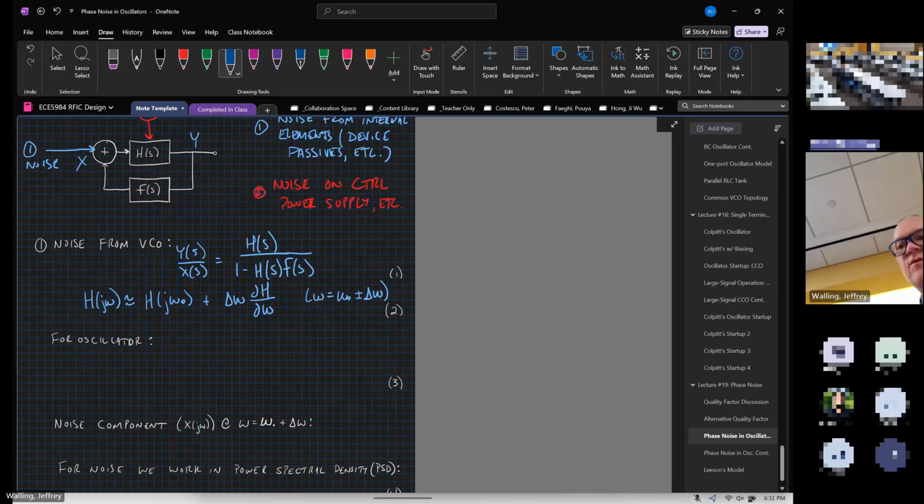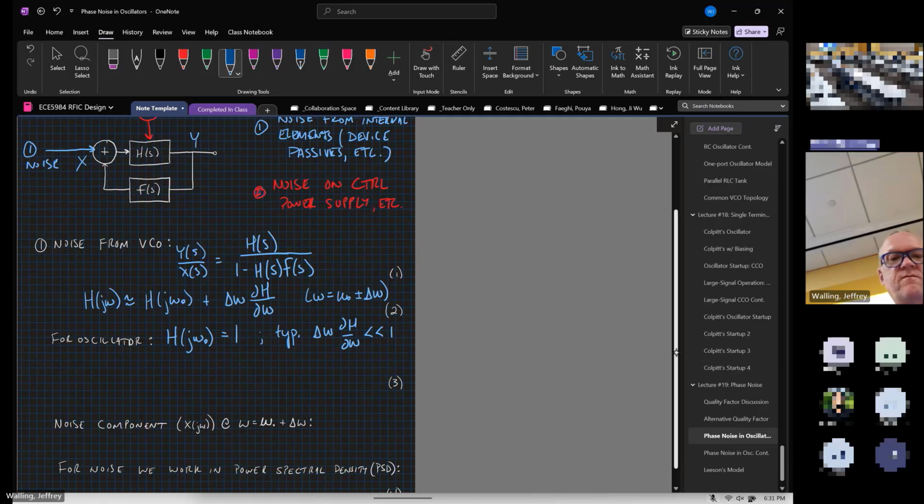All right, now for oscillation, we know that h of j omega naught needs to equal 1. And if we made our circuit well, typically delta omega times dh by d omega is small, much less than 1.